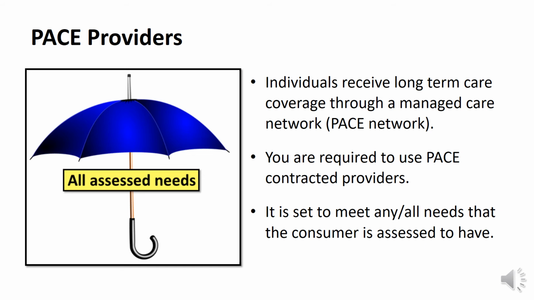With PACE, someone lives in the community, but they go to a PACE center during the day, and there are social activities there, and then there are all different types of providers there, so they can get podiatry there and therapy there and social services. There are medical services. Basically all their needs are going to be in that one place. So it's kind of something that's right in between. Plus they do have respite services for caregivers at home.